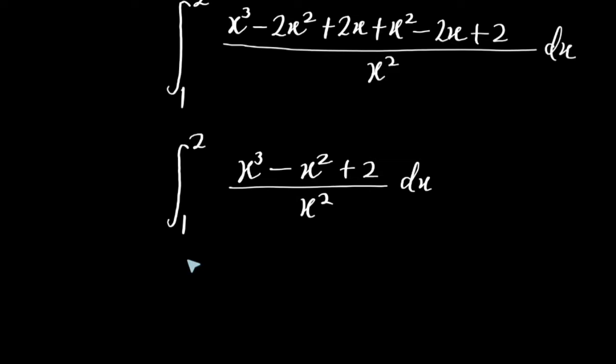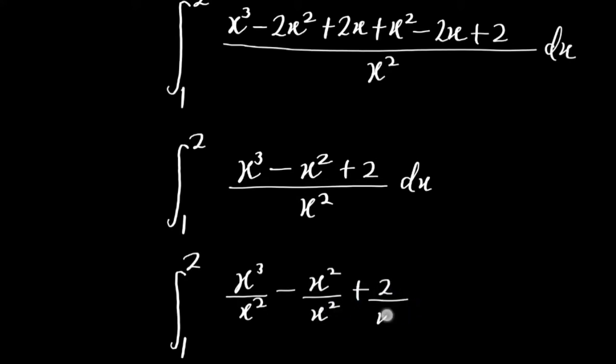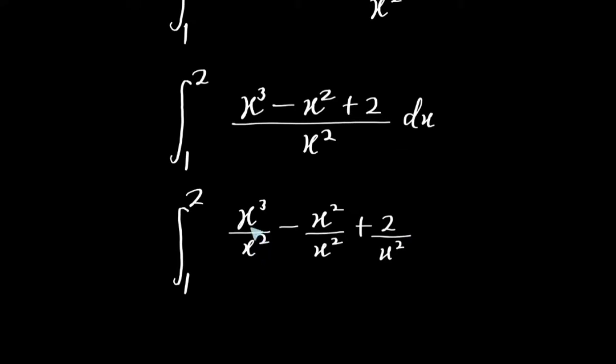So it's the integral from 1 to 2 of x³ over x² minus x² over x² plus 2 over x². Here, by the law of indices, when the bases are the same, you subtract the exponents. So that gives us x, then negative 1, and then 2.